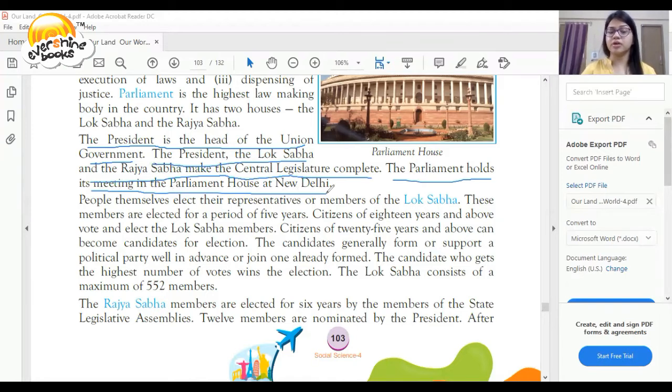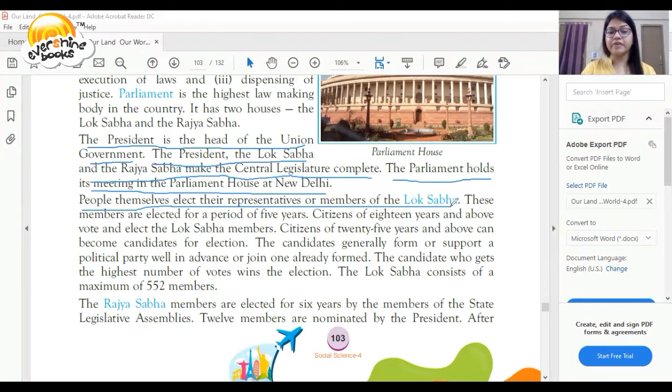All the Parliament meetings are held in the Parliament House. People themselves elect their representatives, the members of Lok Sabha. So, what is Lok Sabha?